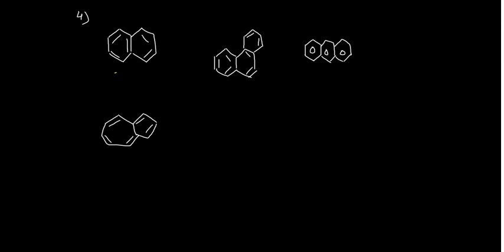Say this is species A, this is species B, this is species C, this is species D. So species A is naphthalene, second is phenanthrene, and C is your anthracene.